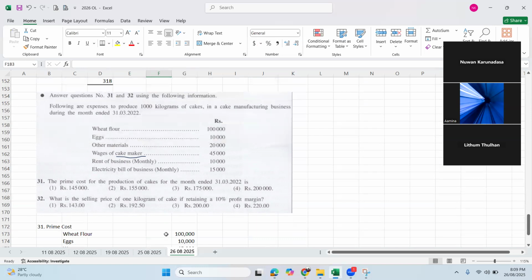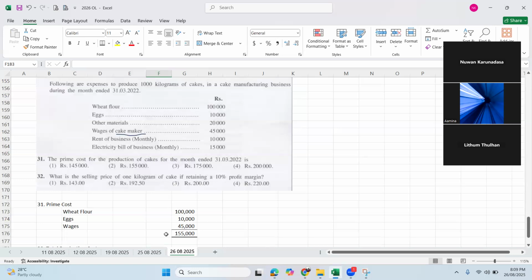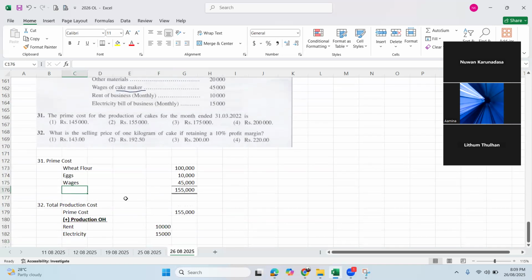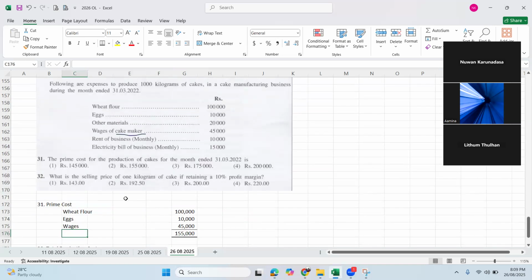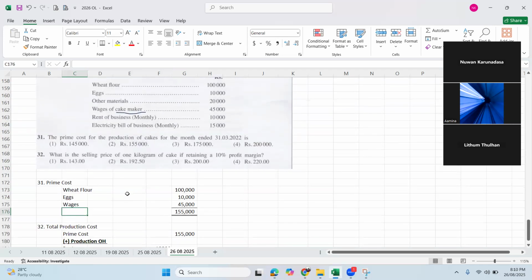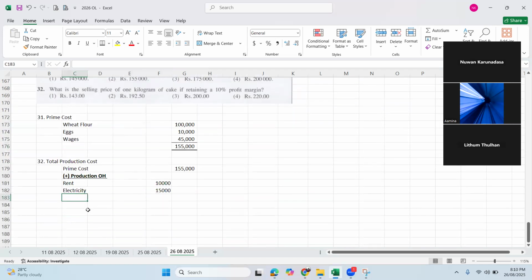Actually, here I'm confused with the other material 20,000. Is it direct or indirect? I will take it here, better under the prime cost material. They are silent on it. Fine, we'll take it. Other material 20,000.